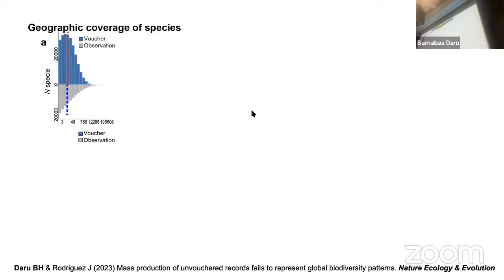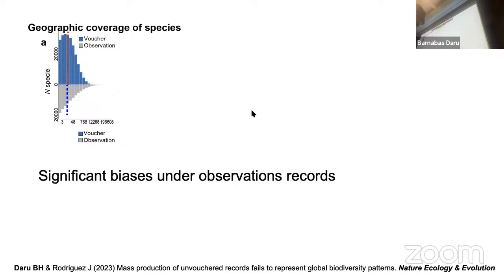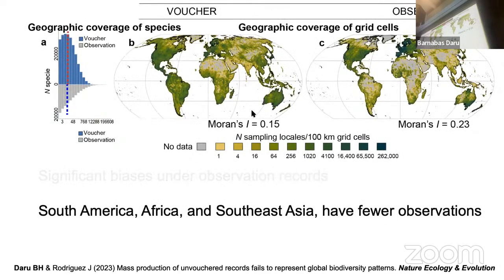First, we quantified the density of sampling per species for voucher records and observation records, indicated in gray. We found significant biases in the geographic density of records for observation records compared to voucher specimens. When we map this again across geographic space, we found that South America, Africa, and Southeast Asia tend to have fewer observation records compared to voucher specimens.